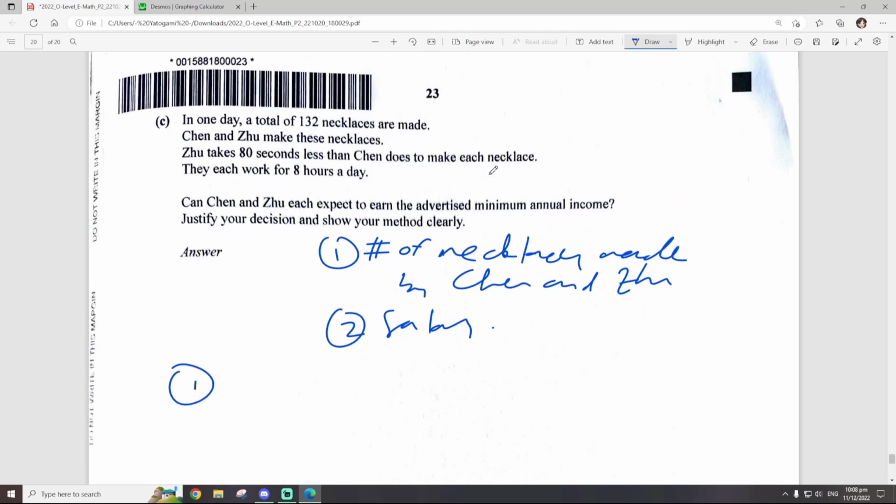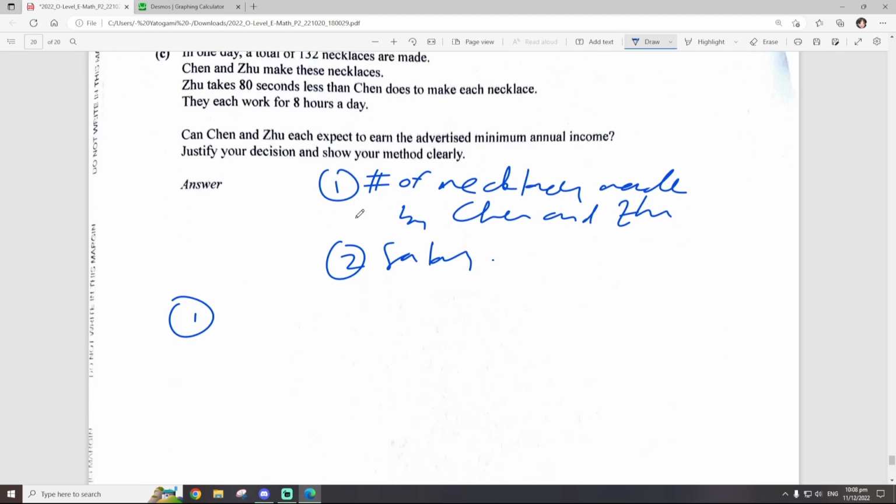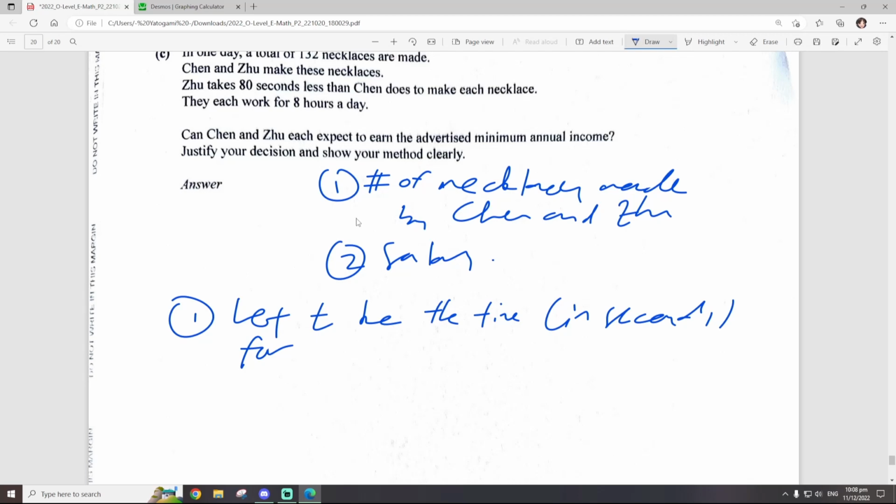The thing about this is you need to understand that you need to split the question into 2 parts. Let t be the time in seconds. Now Chen is the one that takes longer to make it, so let's do it for Chen to make one necklace. You can easily define this for Zhu as well.